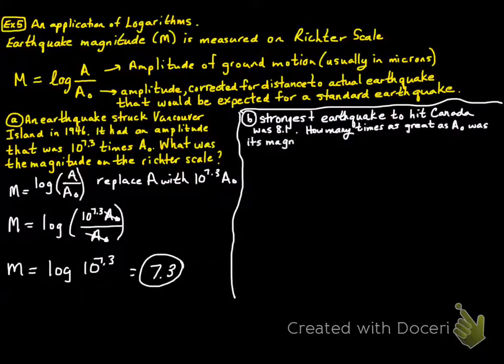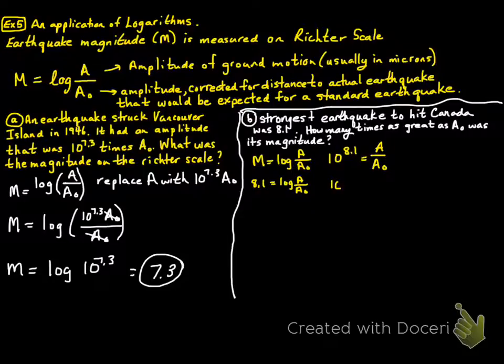How many times as great as A0 was its magnitude? Well, we use the formula again, except this time we're going to take out the M and put in 8.1, because that's the magnitude. Now we take out the log and say that 10 to the power of 8.1 is A divided by A0.